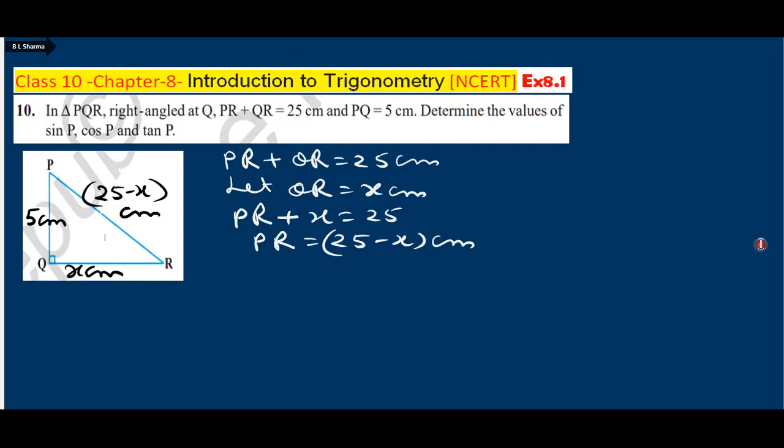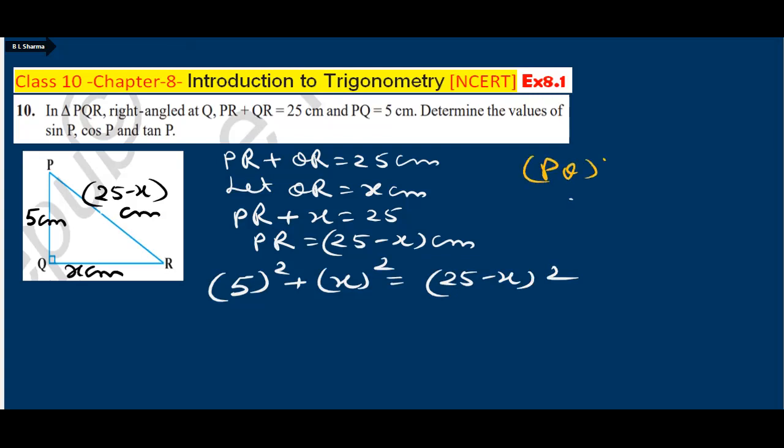Now using Pythagoras theorem, because it is a right angle triangle, PQ square plus QR square is equal to PR square.